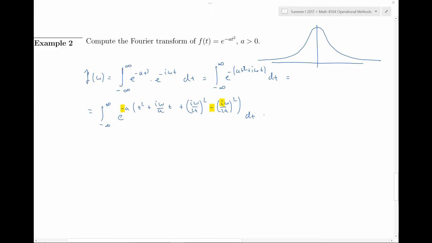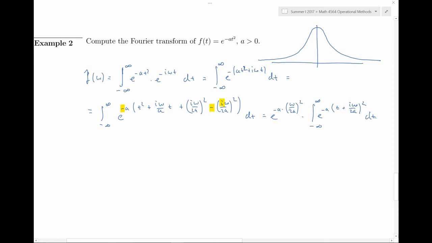So this becomes e to the minus a times omega over 2a squared, times the integral from -infinity to infinity of e to the minus a, and then inside I have simply t plus i omega over 2a squared dt.